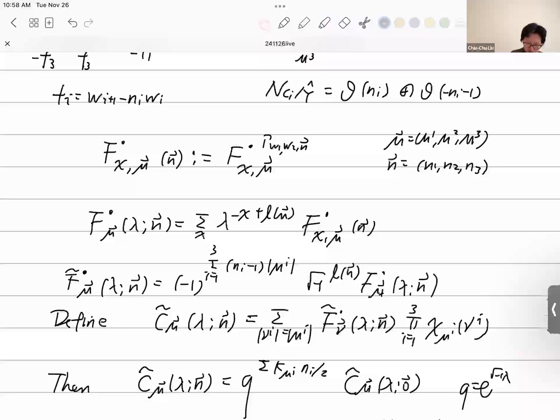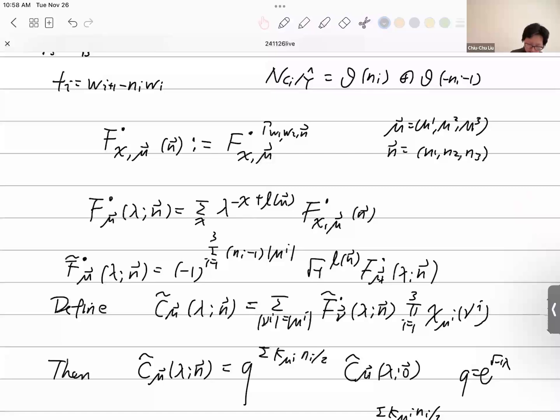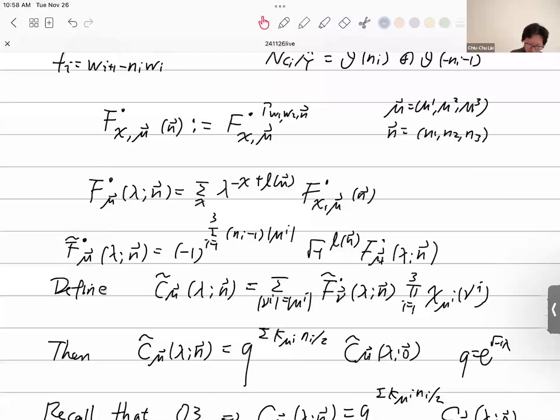To match the Chern-Simons side, it's convenient to introduce some suitable power of the square root of -1. So this C tilde is this. There's some change of representation and winding basis.